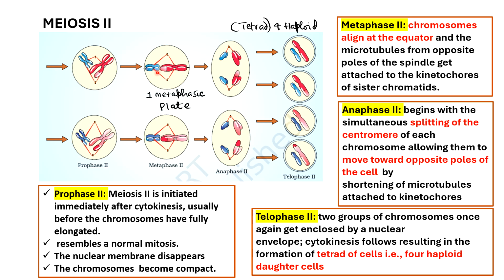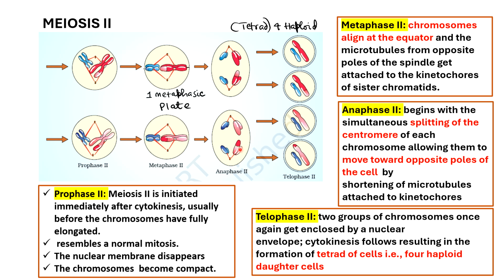Because here a single centromere is attached to how many spindle fibers? A single centromere is attached to 2 spindle fibers. So 23 chromosomes are there, and each will be attached to 2 spindle fibers. 23 multiplied by 2 makes it 46. So 46 spindle fibers will be present, right? So that's all about metaphase 2.